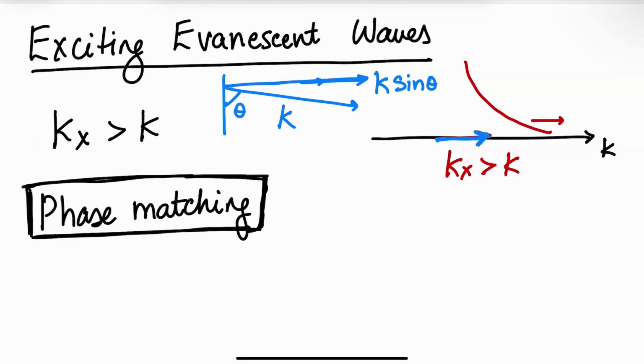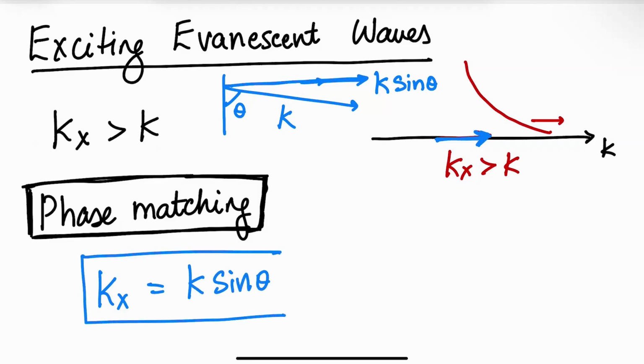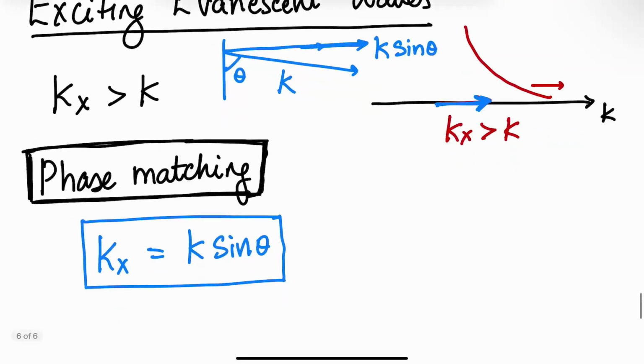So the evanescent wave that I have has a phase propagation in that direction. If kx for my evanescent wave is equal to k sine theta from my incoming wave, then I can have phase matching.